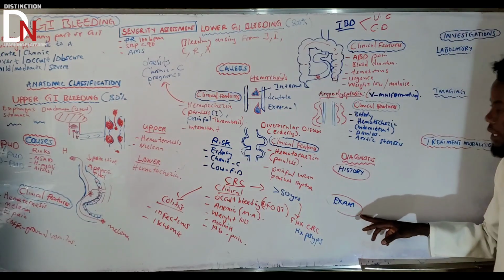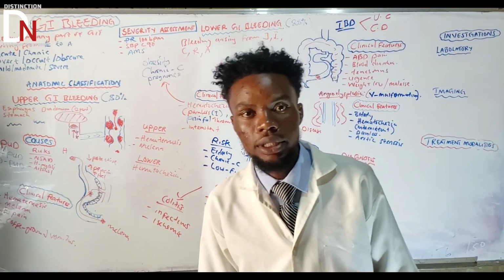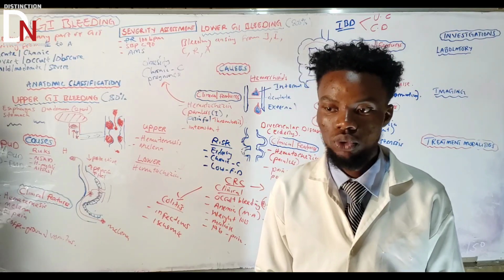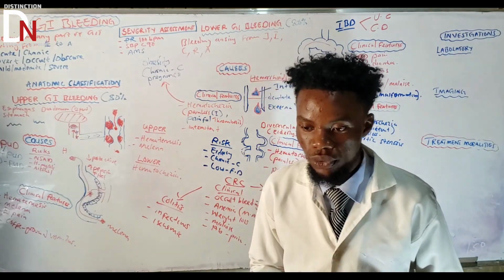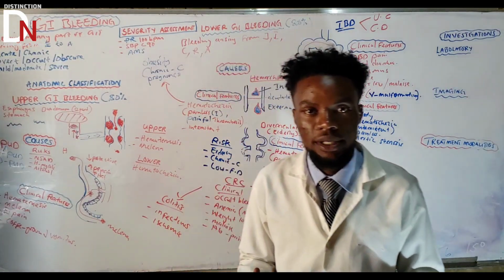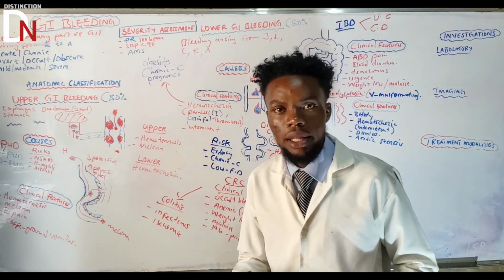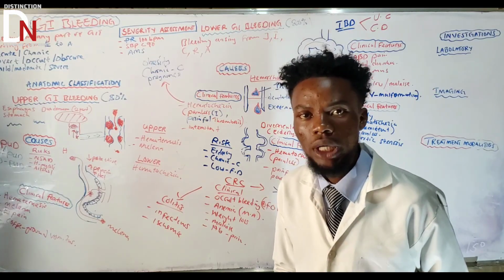Then the exam. Someone comes with GI bleeding like that, what are you going to do? First you perform the general exam. You see the appearance of the patient. Are they having altered mental status? You look at all those things.